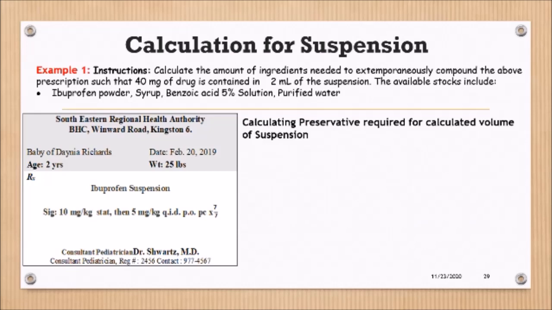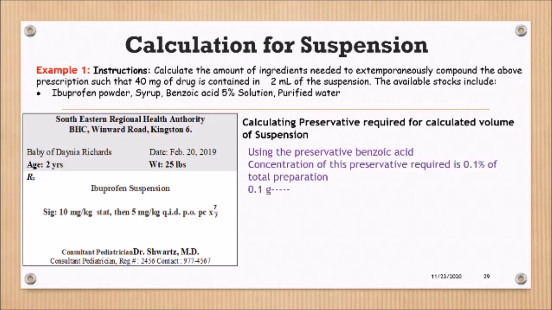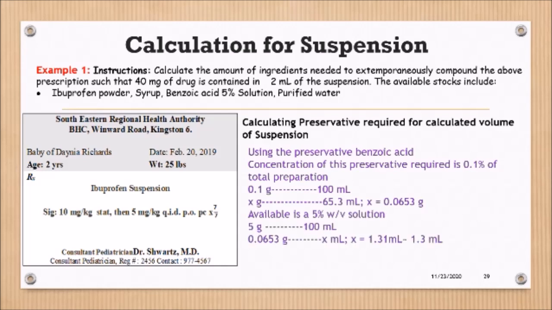We have to determine how much benzoic acid we need to make our formulation preserved. We know that benzoic acid is used at a concentration of 0.1%, which means 0.1 grams in 100 mils. Therefore, how much would be in 65 mils, which is what you require to make? That would be 0.0653 grams.